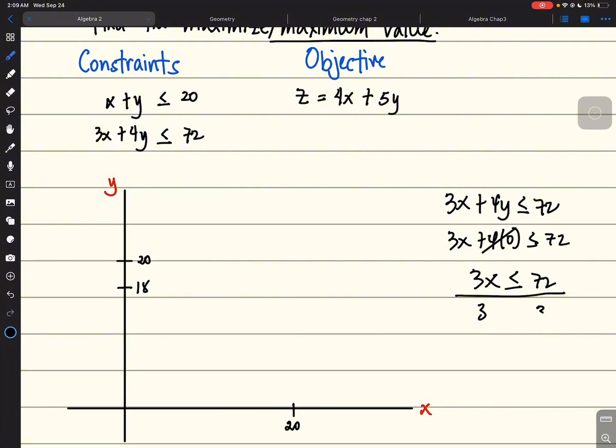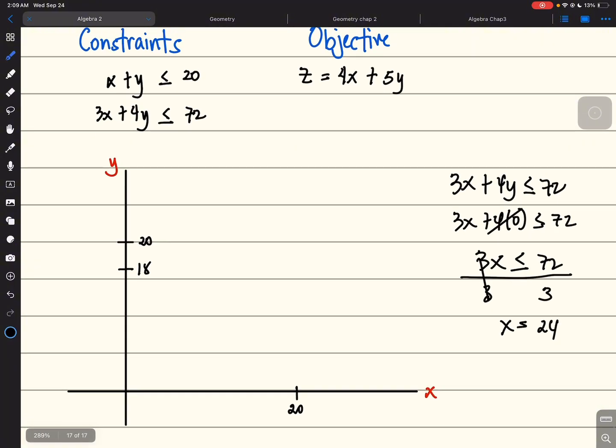Divide both sides by 3. So for the value of x, how many 3s in 72? That is, yes, 24. So the value of x, or x-intercept, is 24. So let's say 24 is over here. Okay.